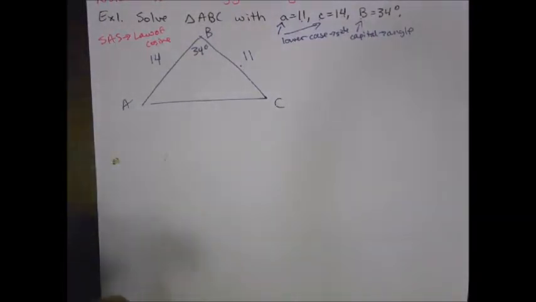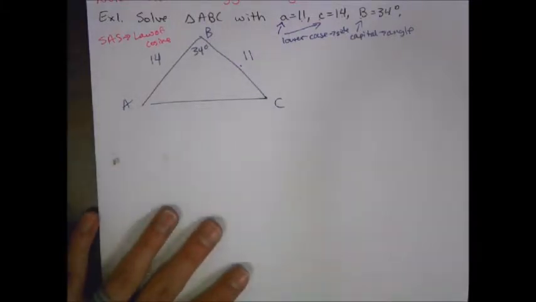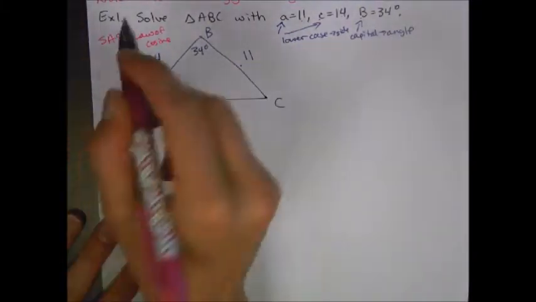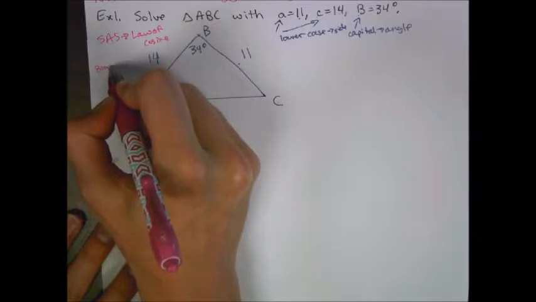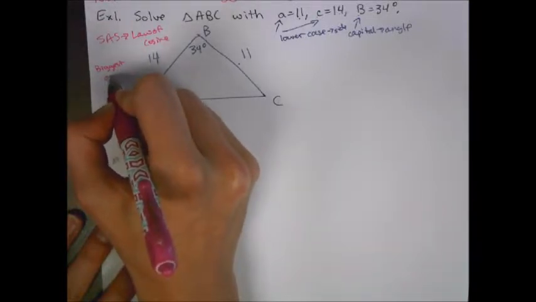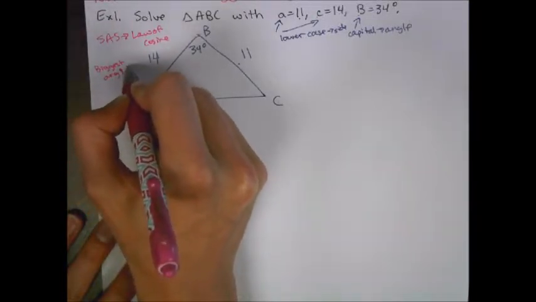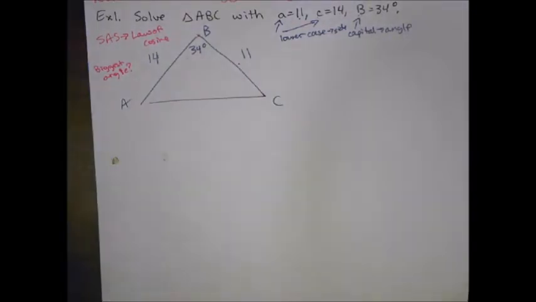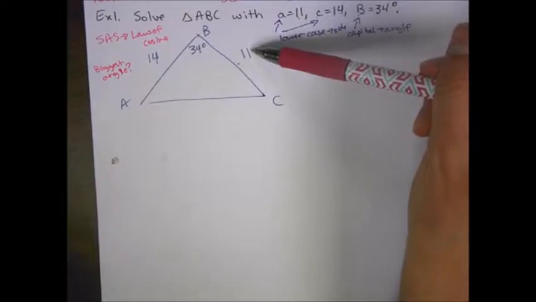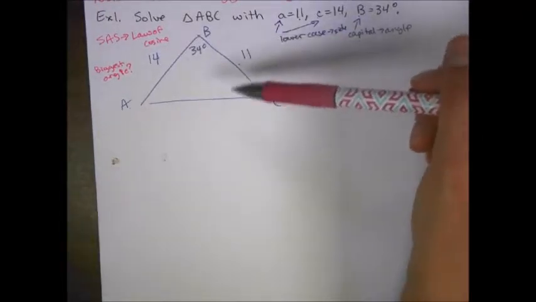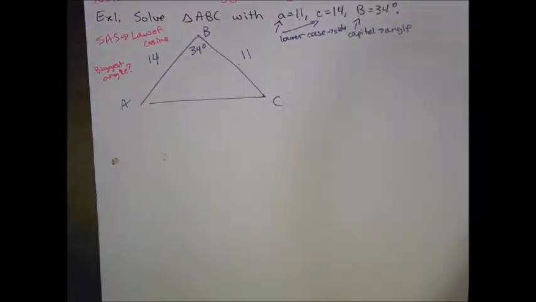Let's think about our notes. Next question. Biggest angle first. What's our biggest angle? Do we know? 14 is bigger than 11, but this side could potentially be bigger.